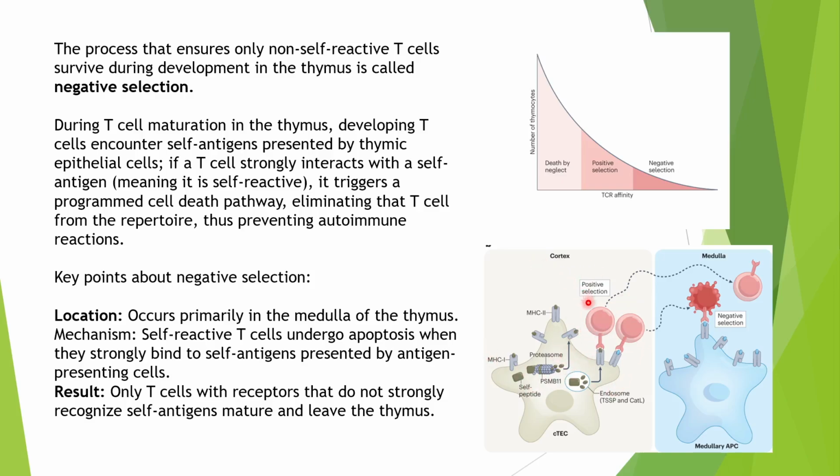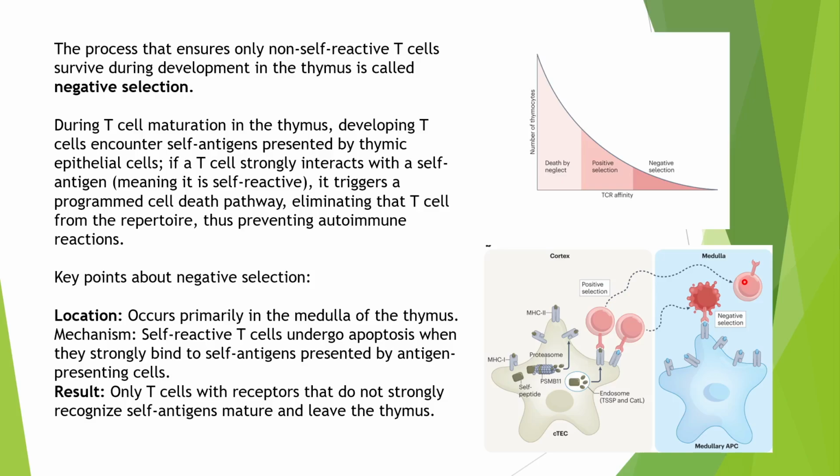Here you can see in your cortex, your positive selection is occurring. The cells which can weakly interact with your cells are taken and sent for the next step of maturation. Now in this step, if your T cells are binding strongly with your self cells that are presented by your antigen presenting cells, those will be killed, and the ones that do not bind strongly will leave your thymus after maturation.